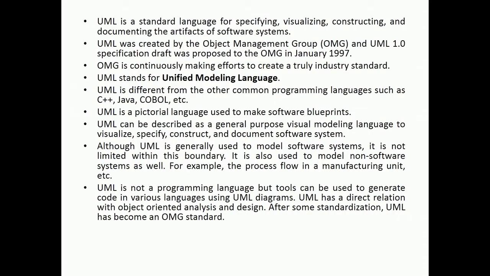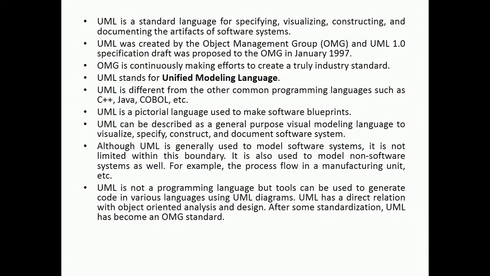Now UML is a standard language for specifying, visualizing, constructing, and documenting the artifacts of software systems. So UML is basically used for documenting, constructing, visualizing, and specifying the systems. Which type of systems? Artifacts of the software systems.